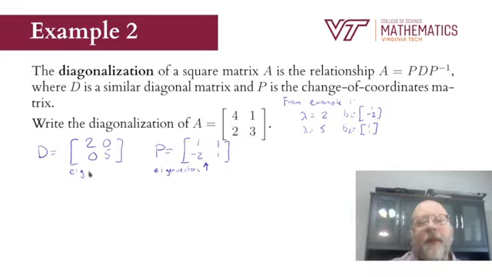So the D matrix contains the eigenvalues. The P matrix contains the eigenvectors. In the last slide, I said that the order of the eigenvalues didn't matter, that we could have also done the matrix 5, 0, 0, 2.